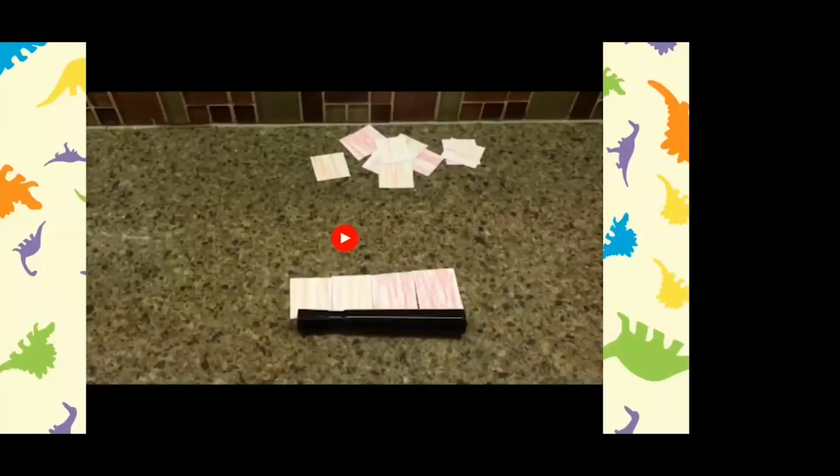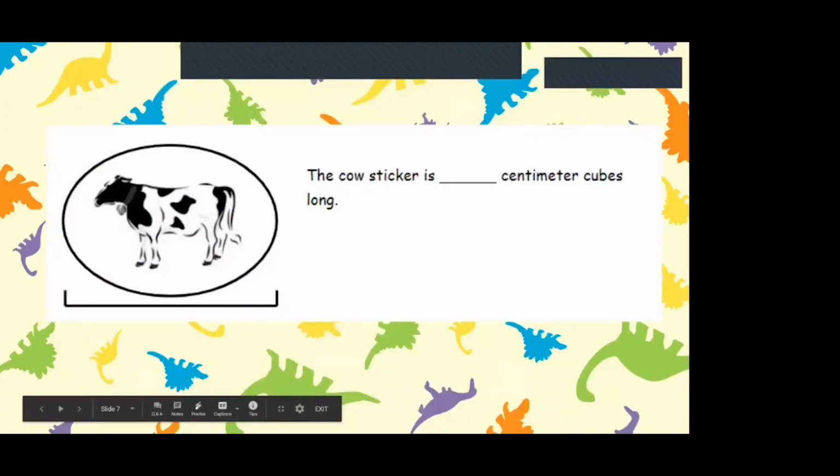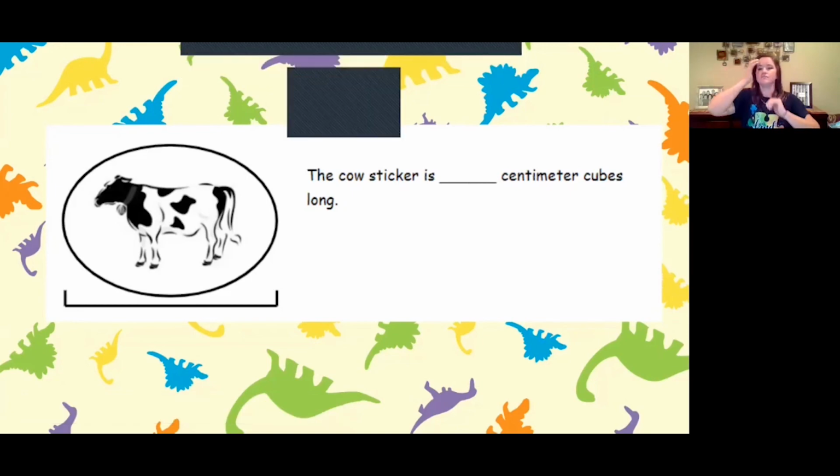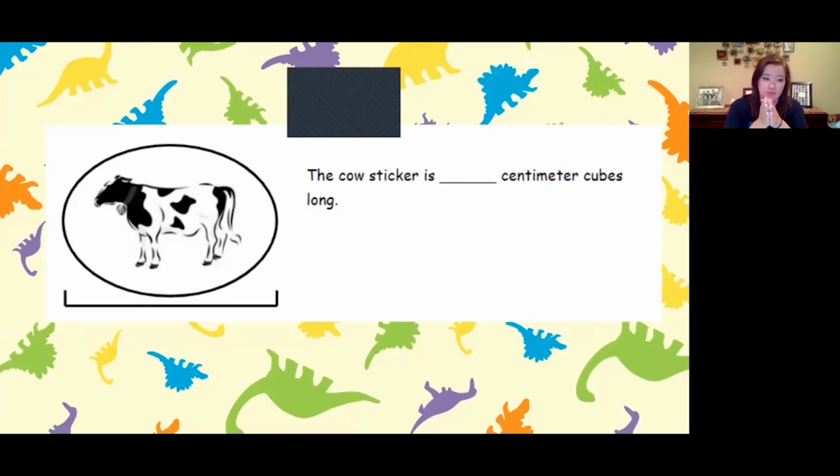All right, so I'm going to share my screen. There we go. I'm going to read this for you. Oh, actually, let me make myself visible. Hello. All right. So the cow sticker is blank centimeter cubes long. I want you guys to take a look at this. What is the first thing you should be thinking of?